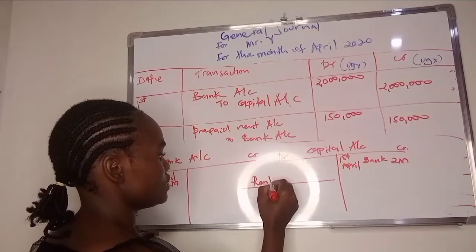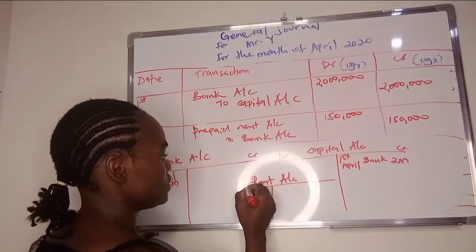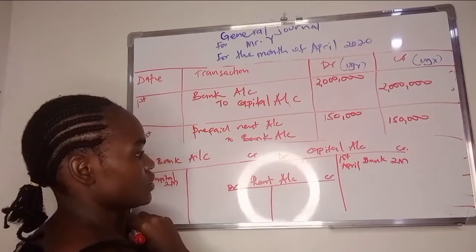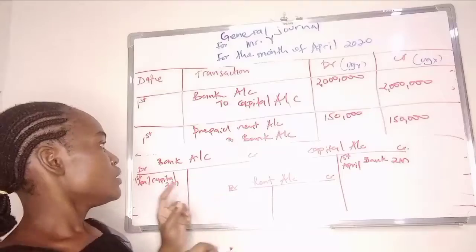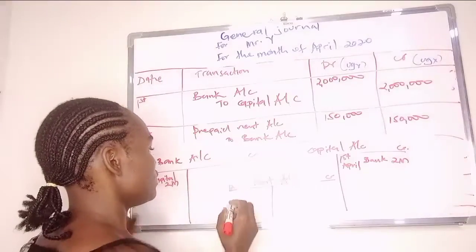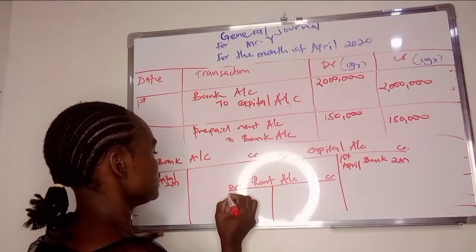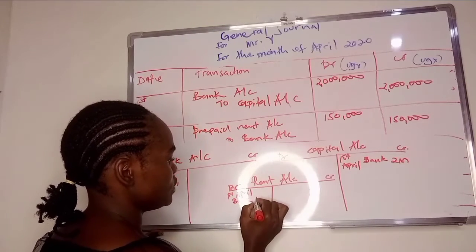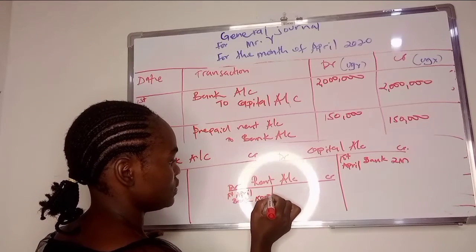Then for the next transaction, we have rent account, debit, and then credit. So you come here and write first April, bank, you write 150,000.